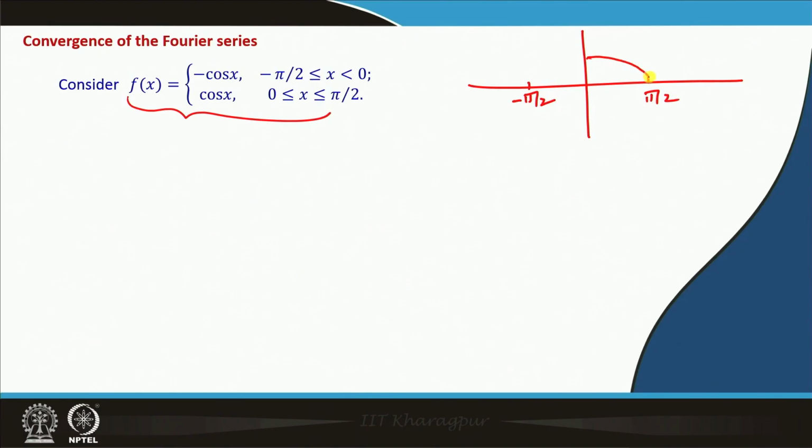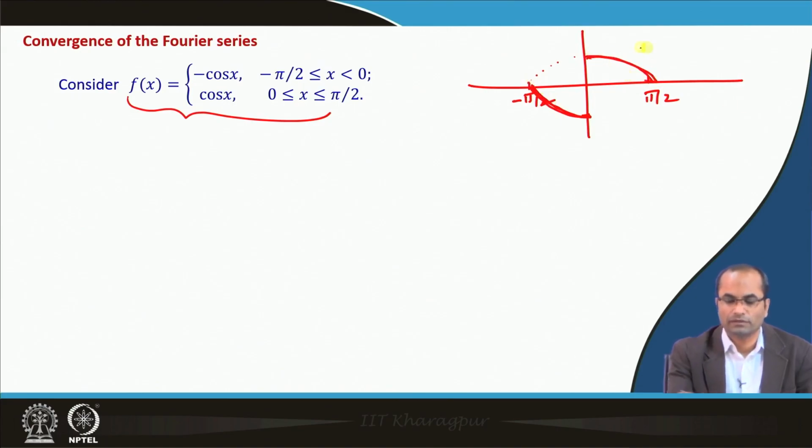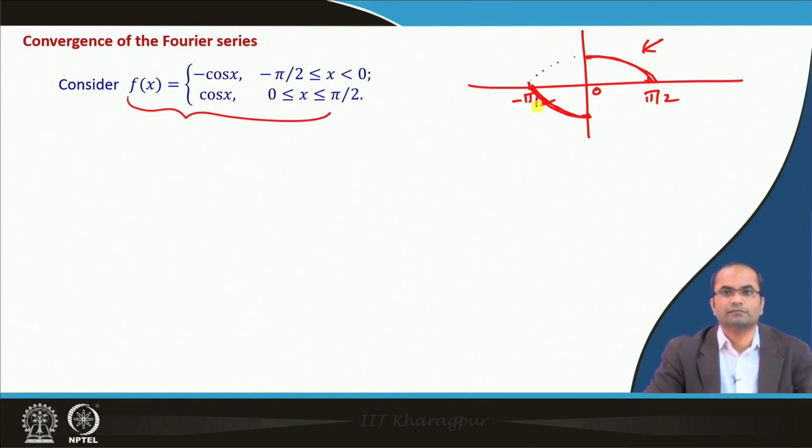In the region minus pi by 2 to 0 it is given as minus of cos x. The cos x is usually positive there, and we are now taking the minus of it, so it will go in this way. So, we have this function f x defined in the region 0 to pi by 2 by cos x, and in the region minus pi by 2 to 0 by minus cos x.